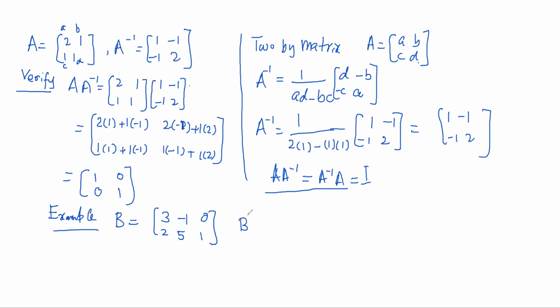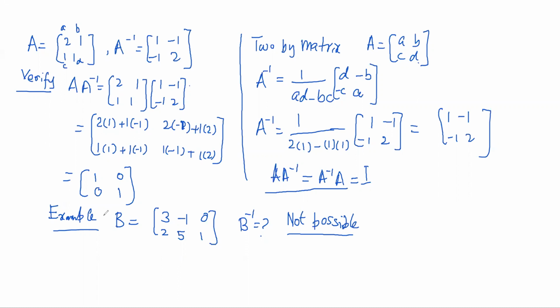So what is B inverse? In this case, we will say that the inverse of B is not possible, not existing, or not defined, because the inverse of any matrix is defined for a square matrix, okay?